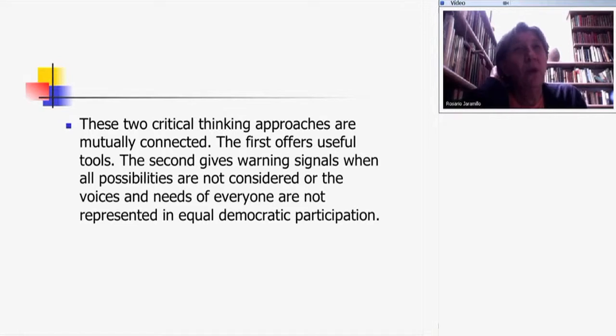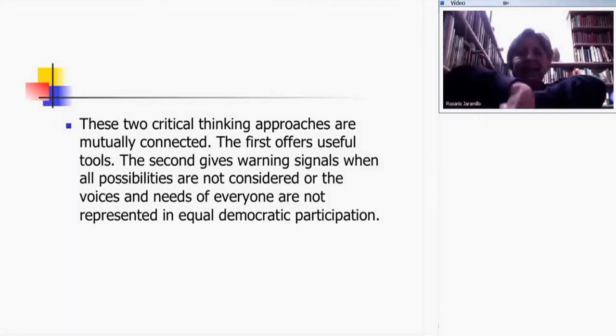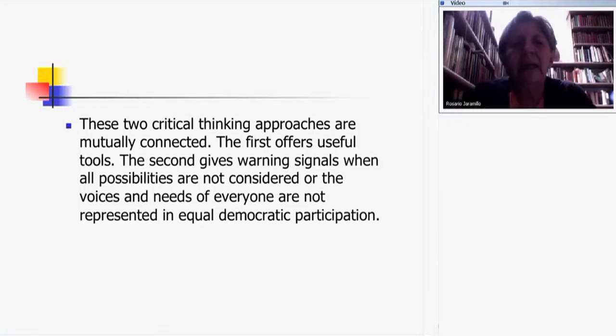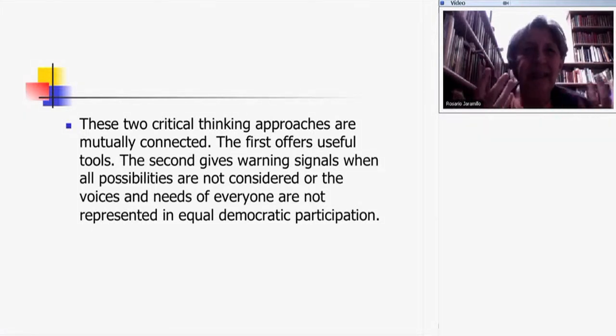What I do want to emphasize is that these two approaches are necessarily very intertwined. They depend on each other. The first is tremendously useful as tools. When you don't have these tools, it's far more difficult to develop all these ideas.